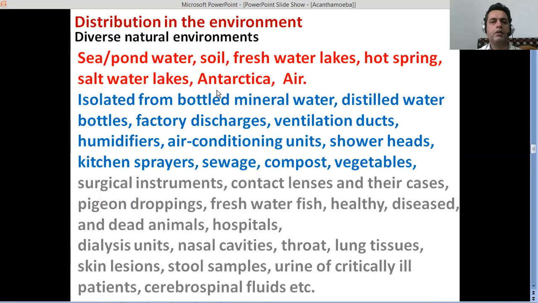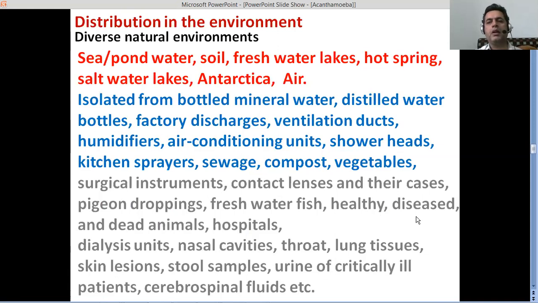It is also found in the air. It has been isolated from mineral waters, factory discharges, air conditioning units, sewage water, compost and vegetables, kitchen sprayers, and surgical instruments, you name it. So many different sources that it has been isolated from.